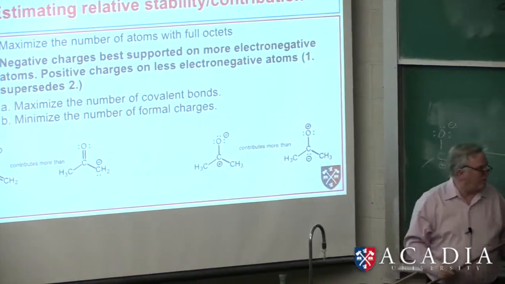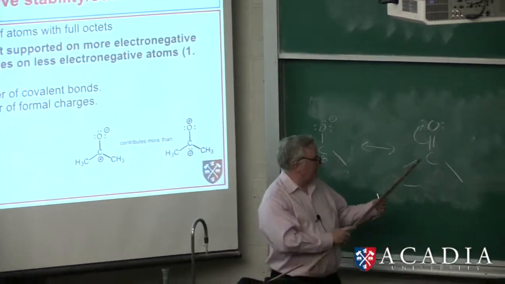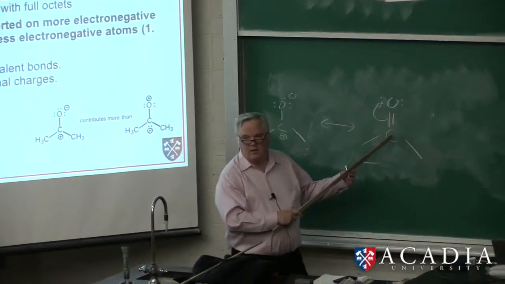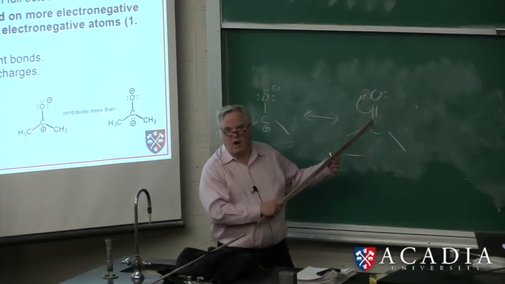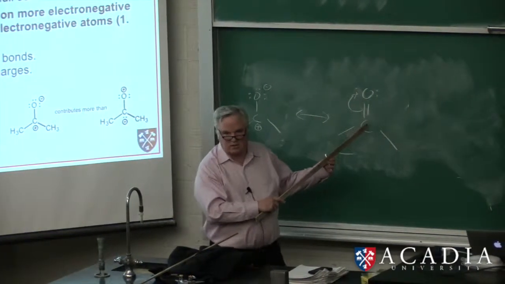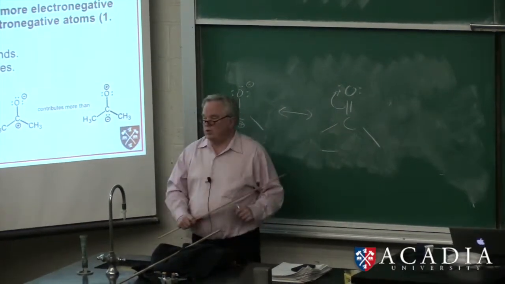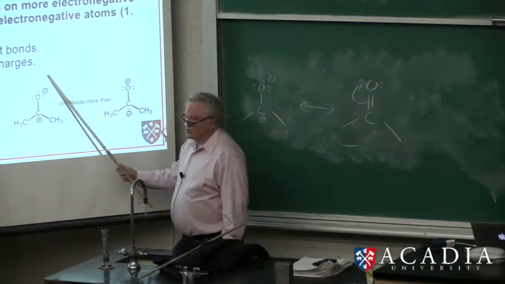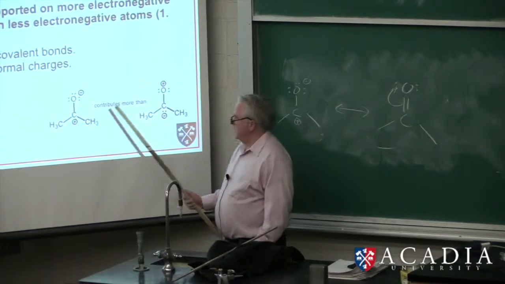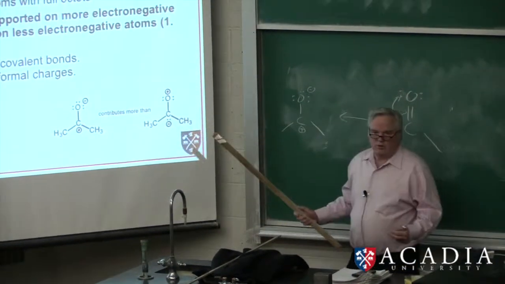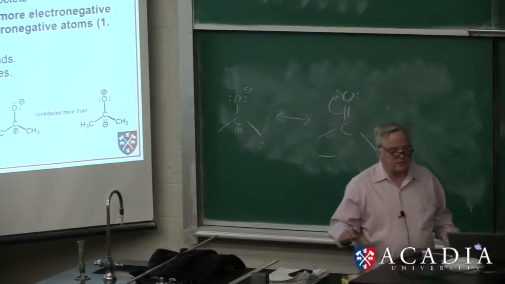Now, you do have to remember that this contributes even more because we have a complete octet around all of our atoms in this resonance structure. So this one would contribute the most to the real structure. This one would contribute a considerable amount. This one contributes much less.